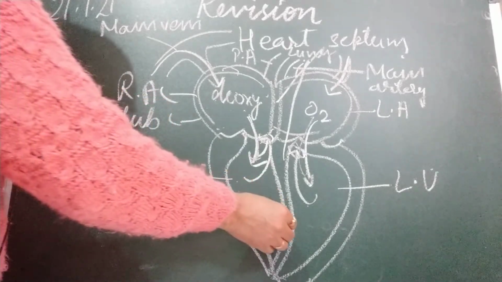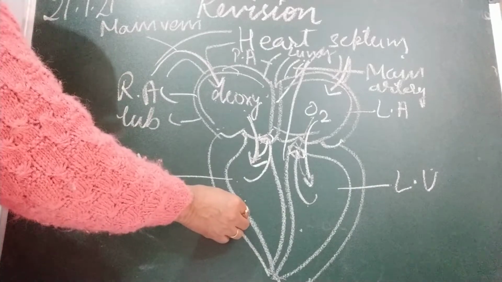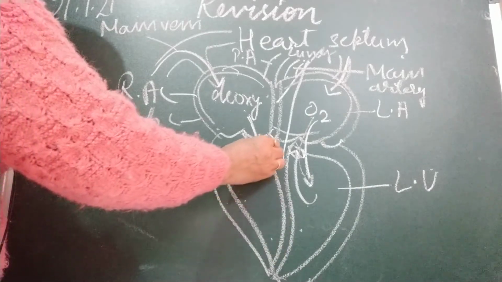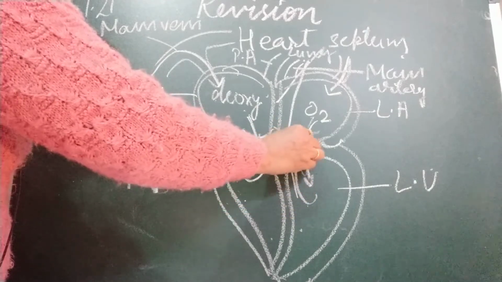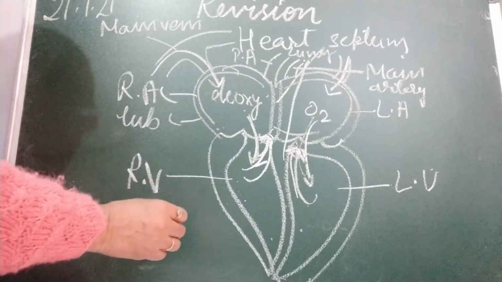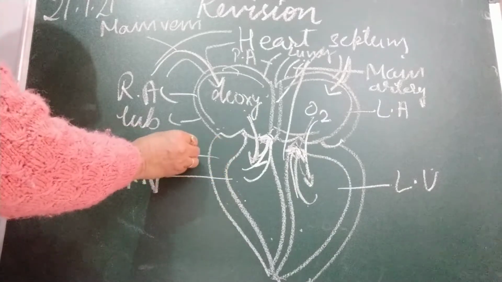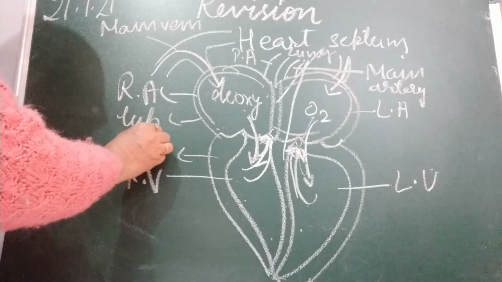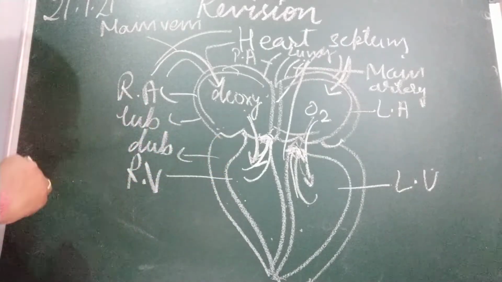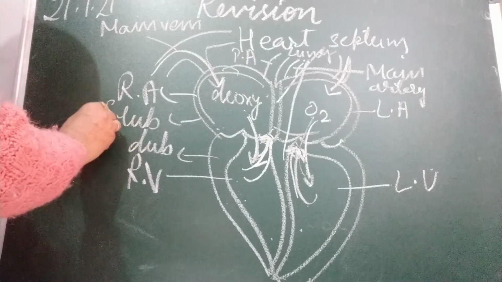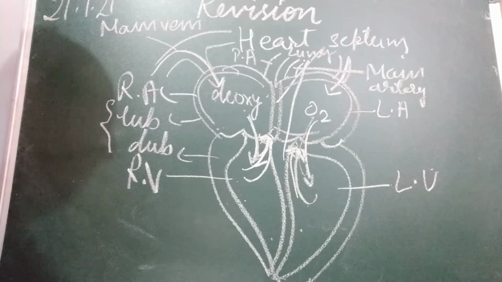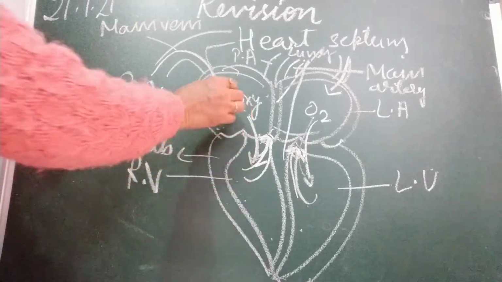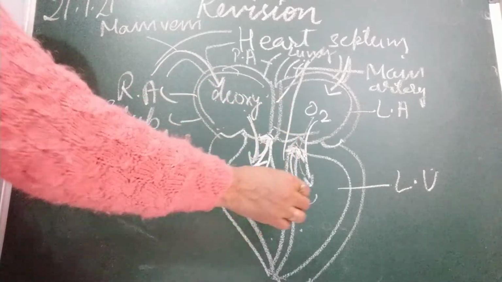But when the ventricles squeeze and the blood goes into the pulmonary artery and the main artery, a strong sound comes and we call that the dub sound. This is the heartbeat, which we are able to hear just because of the squeezing of these chambers.